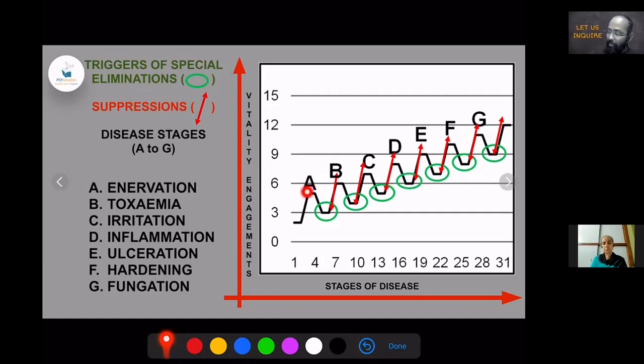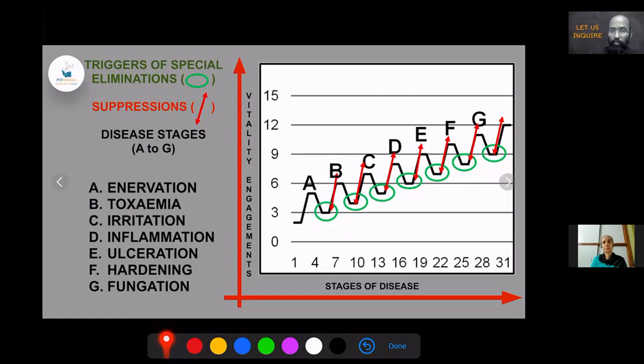Now, A is well known. We have discussed it. It is the start of the disease, which is depletion of energy or enervation. When we continue with enervation, it comes with cues of resting.